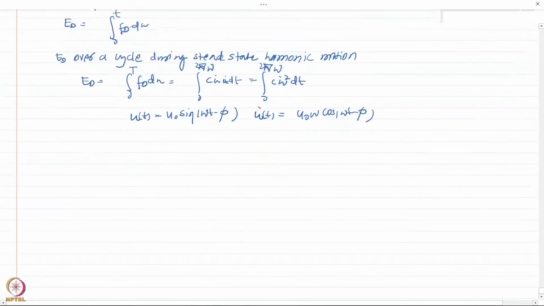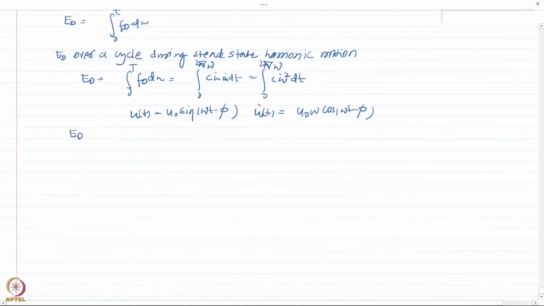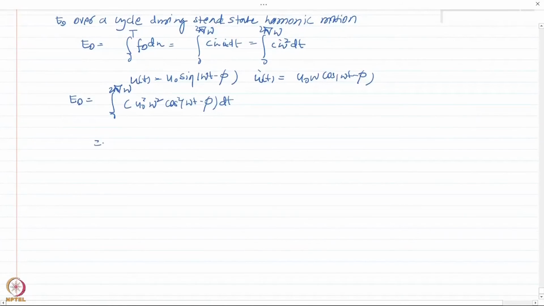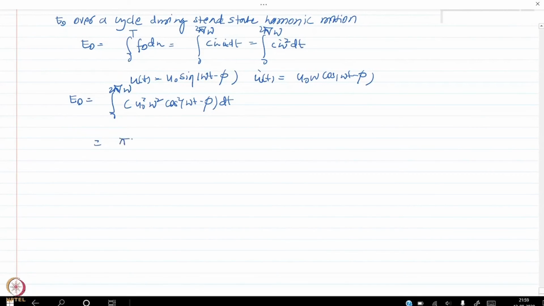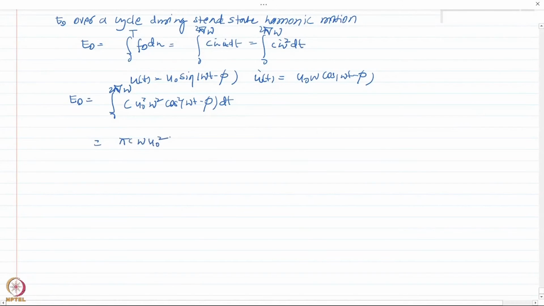So we can substitute this expression as c u naught square omega square cos square omega t minus phi, dt, and integrate it over this period. If we integrate this, you'll see that the expression you get is pi c omega u naught square. This is the energy dissipation over a single cycle during steady state.